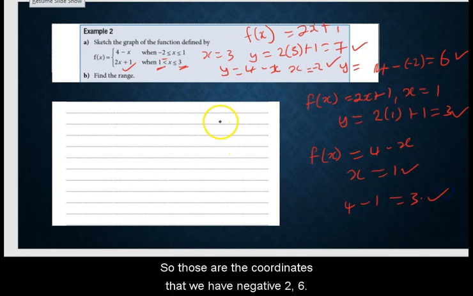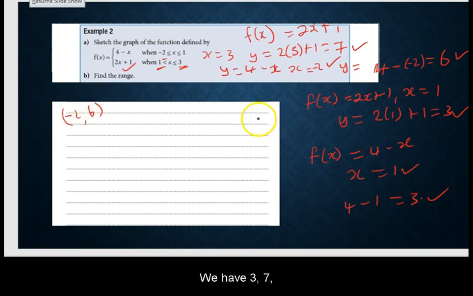So those are the coordinates that we have. Negative 2, 6. We have 3, 7. And then we have 1, 3.